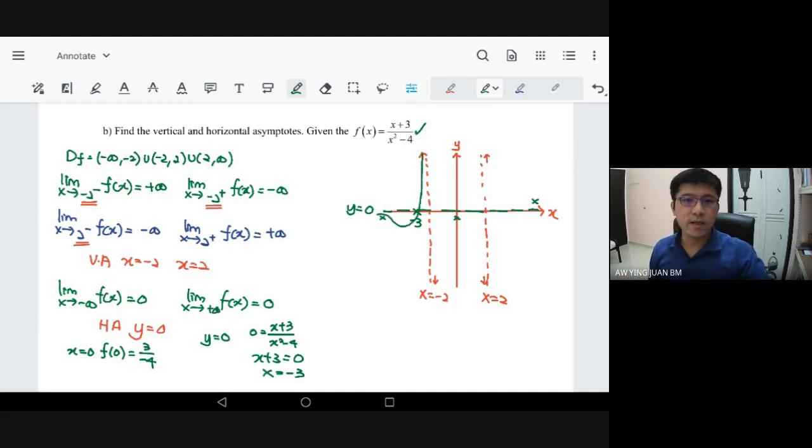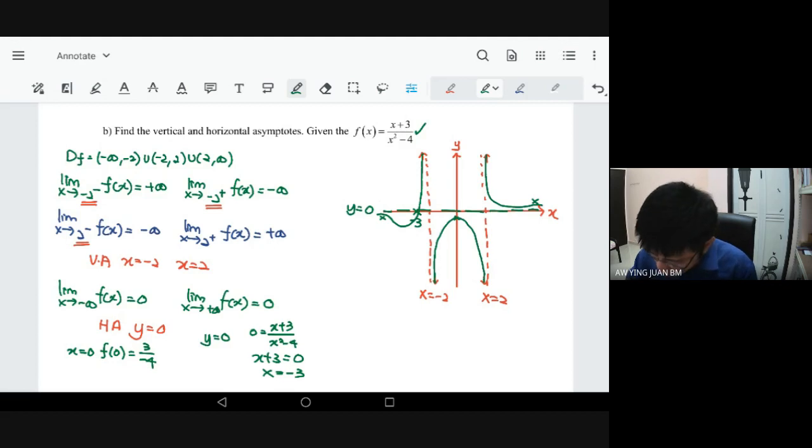Okay, ini graf kita. Okay, seterusnya untuk bahagian tengah, graf kita macam ni. Okay, kalau untuk sebelah kanan, graf kita macam ni. Boleh? So, itulah contoh grafnya atau contoh kita menggunakan limits untuk bantu kita untuk sketch the graph.